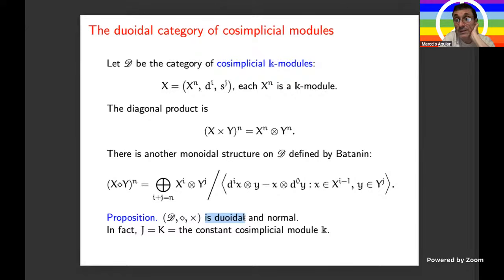Yeah, that's helpful. So you're saying that you found it's hard to directly check duoidality for cochain complexes? Because when you move to cochain complexes, you have one monoidal structure. So I'm not transferring this structure to cochain complexes. That doesn't transfer to what you would call the level-wise product, right?